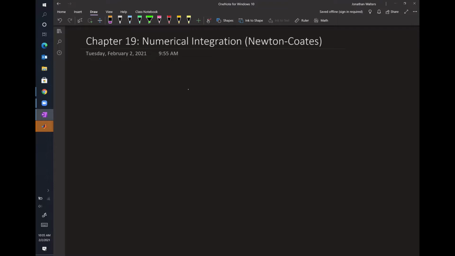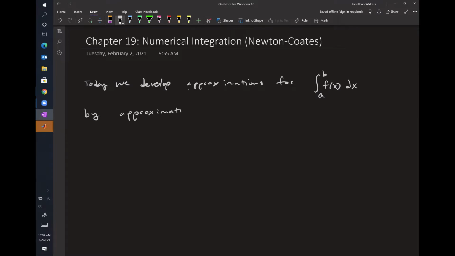So today we develop approximations for the integral from a to b of f of x dx by approximating f of x with interpolating polynomials.